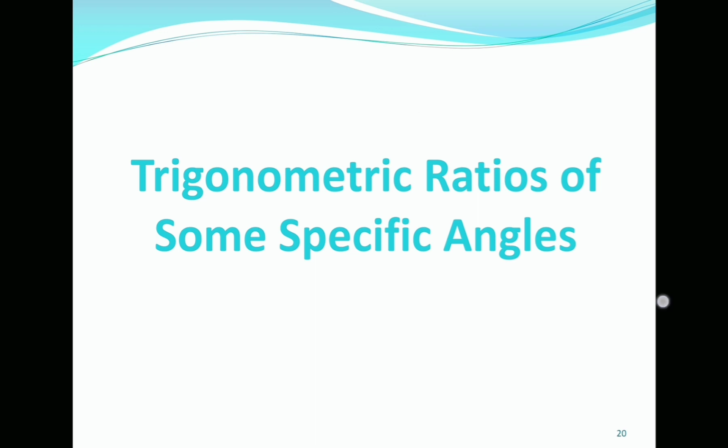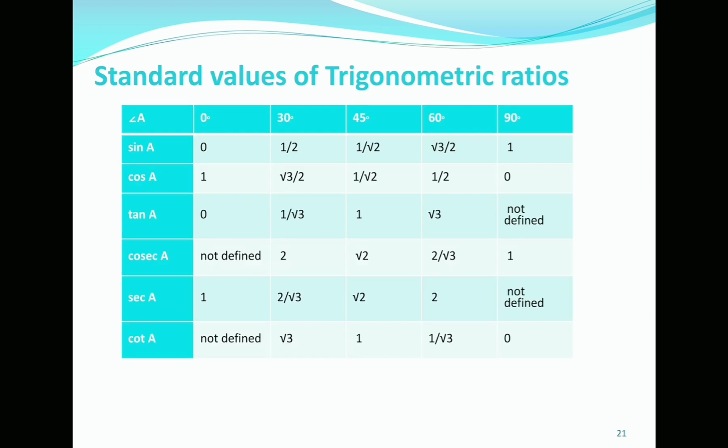Now trigonometric ratios of some specific angles. These standard values you have to remember. For example, sine and cos of 30 and 60. Sine 30 and cos 60 are equal, which is equal to half.